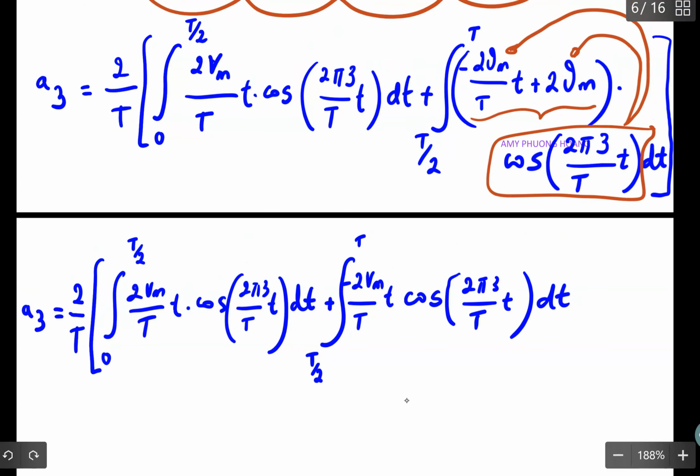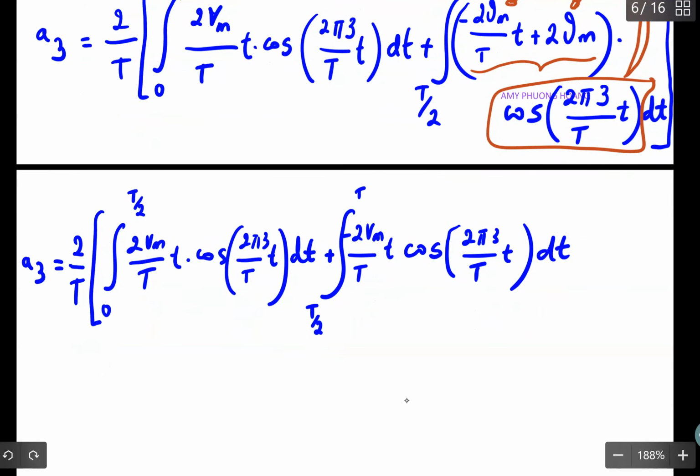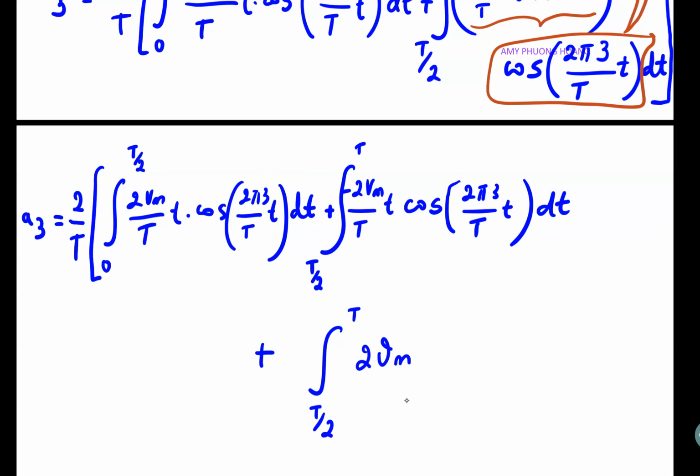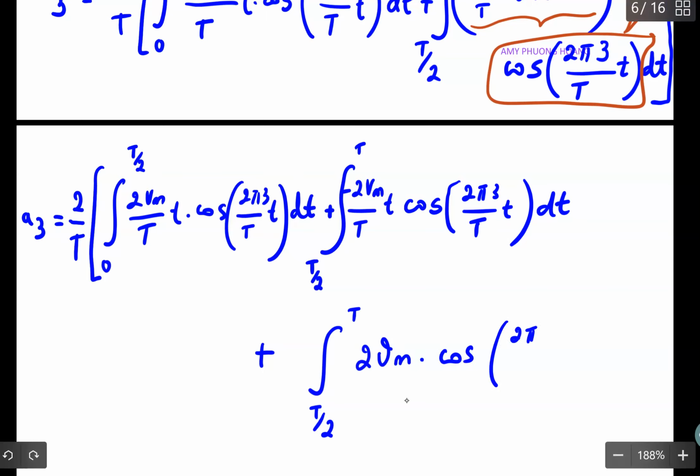That is my first one. My second one is the cos multiplied with the 2Vmax. So I will add the integral from T over 2 to T, and this time it will be 2Vmax times the cos of 2 pi 3 over T t, dt.